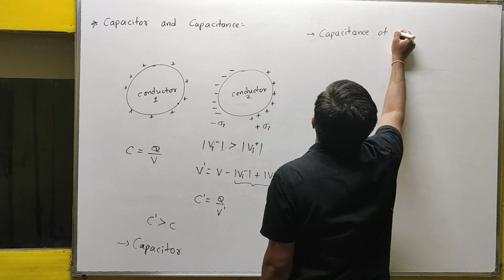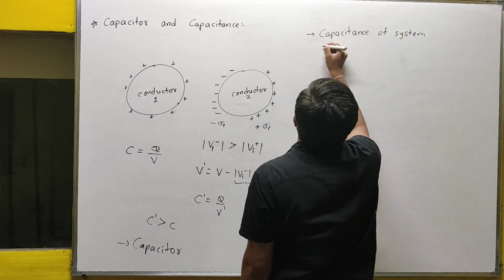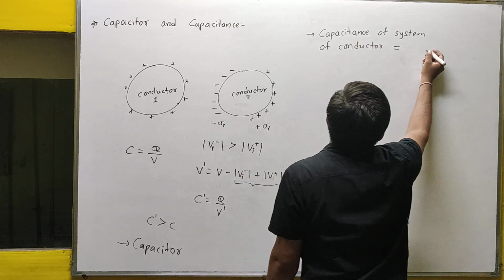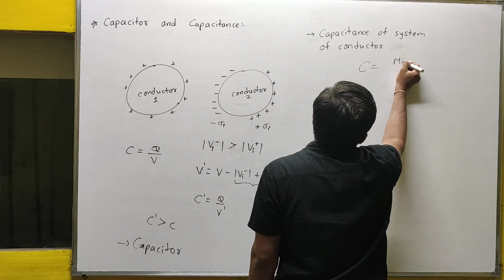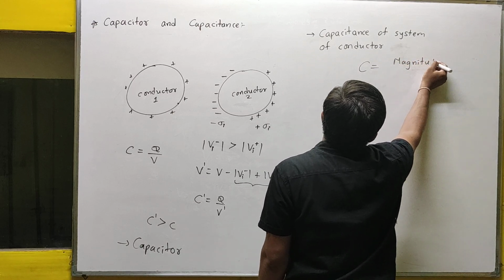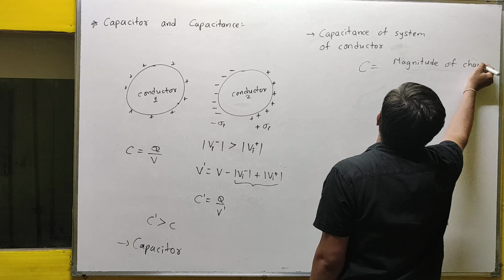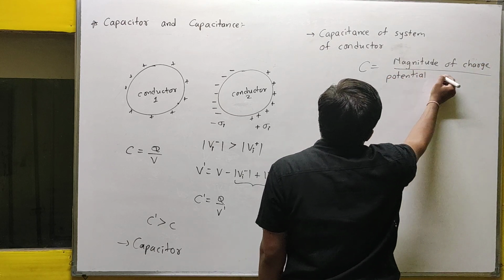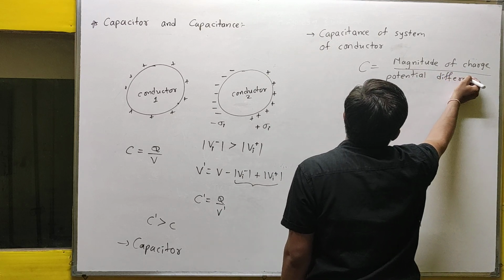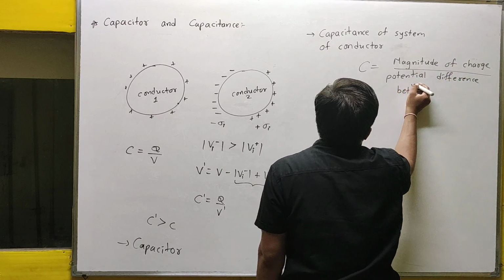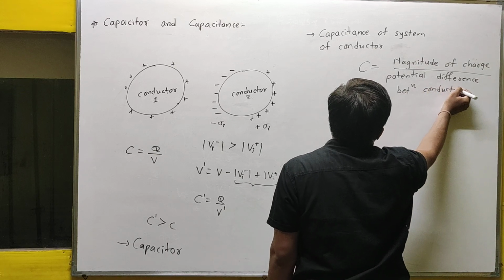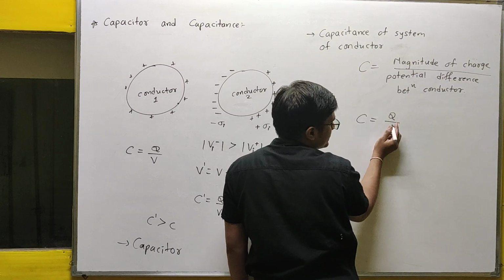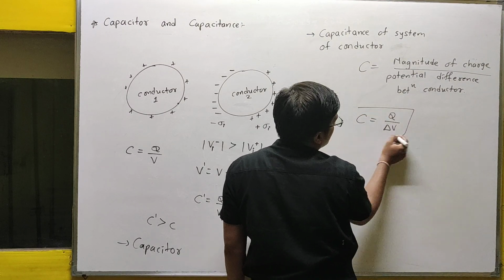Capacitance of a system of conductors is equal to the magnitude of charge and potential difference between conductors. So the capacitance of a system of two conductors is the magnitude of charge divided by the potential difference between the two conductors.